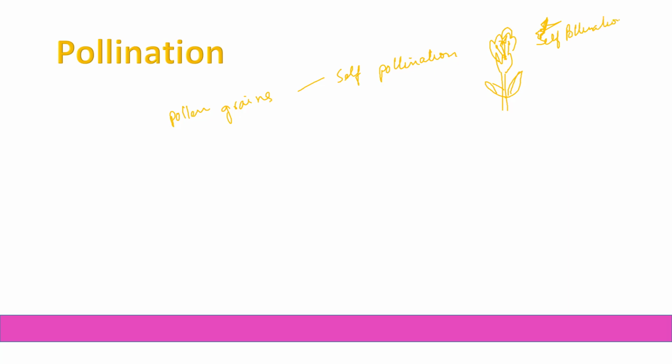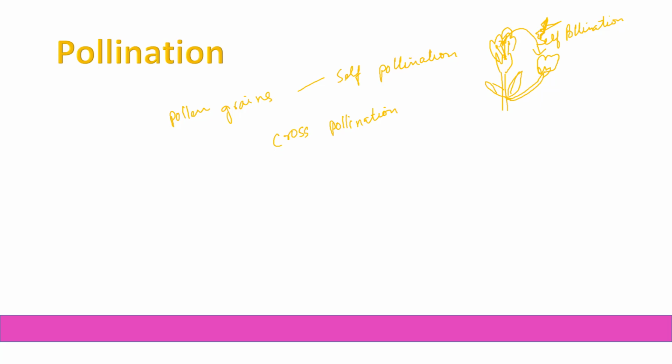Also, if it is happening on another flower of the same plant, then it is also self-pollination. And if it is between two different plants, then it is called cross-pollination. So you understand the difference between cross-pollination and self-pollination? Yes. Okay.